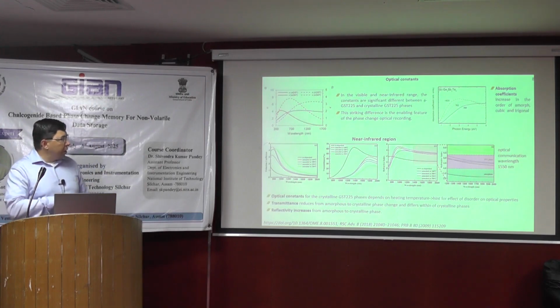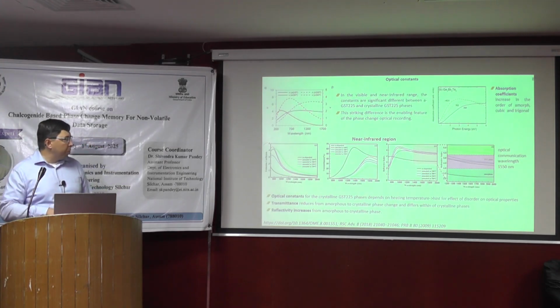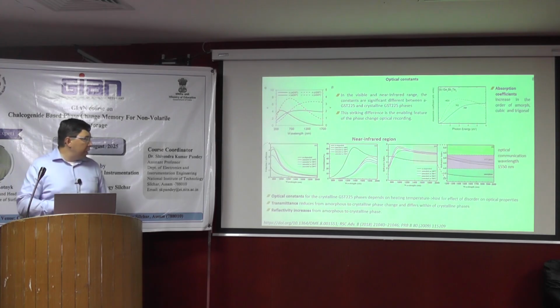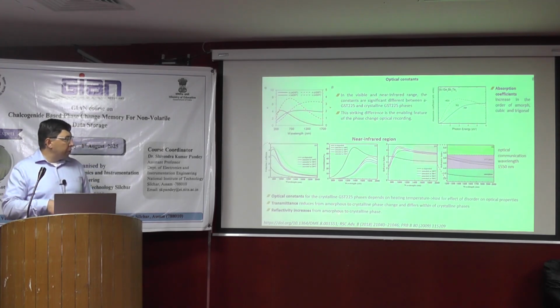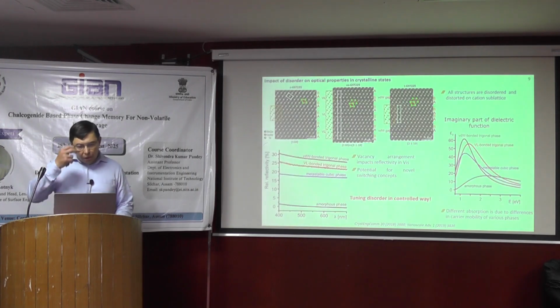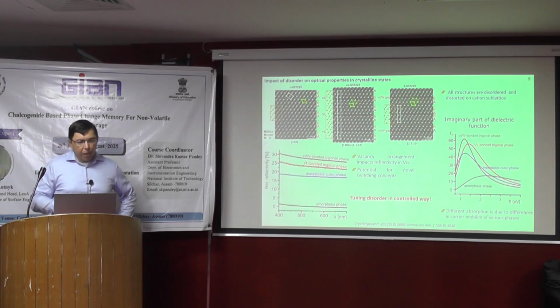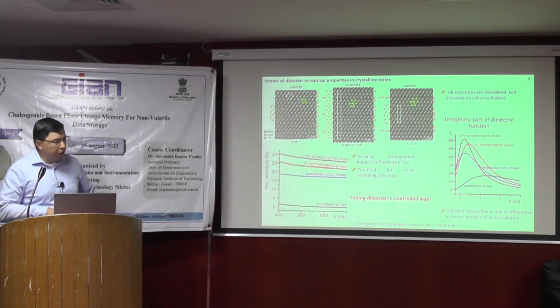It's written heating, but it depends on the structure. So it hints at the defects and disorder affecting optical properties. Transmittance is reduced from amorphous to crystalline phase and differs between crystalline phases, and reflectivity increases from amorphous to crystalline phases. Here we can see more examples of these different properties of materials.